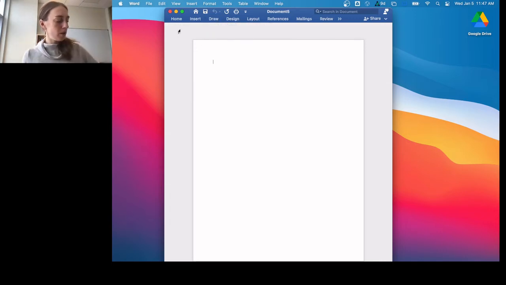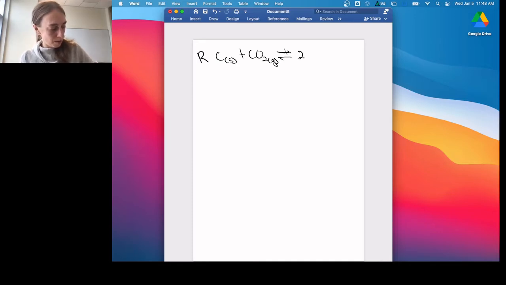Okay, so we have our reaction, which is solid carbon plus carbon dioxide yields 2 carbon monoxide. Okay, so that's our reaction.